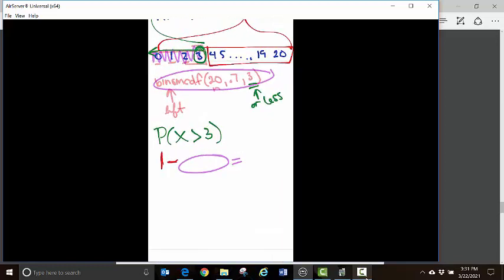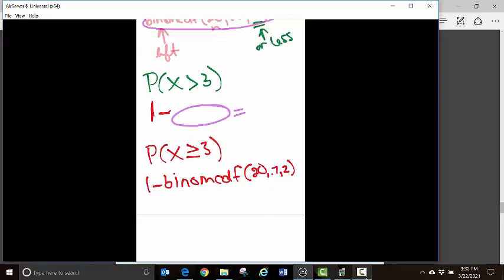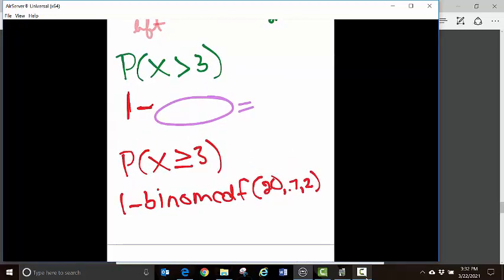Okay, so the trick is, if I wanted the probability of X being greater than or equal to 3, it would tweak a little bit. Because I would do 1 minus binom CDF 20, comma 0.7, comma 2, because I don't want to subtract the 3.